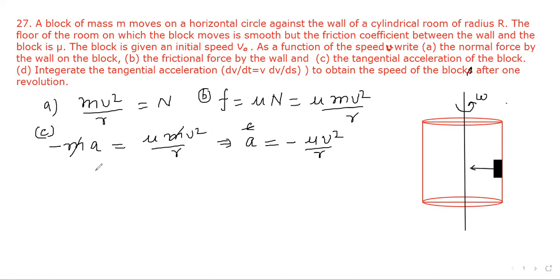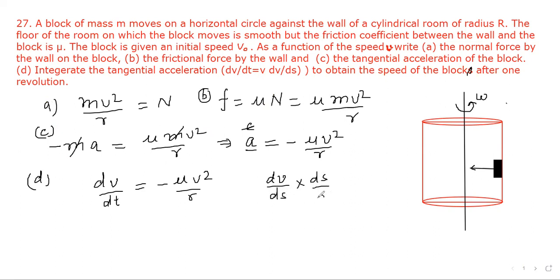And now let's consider the next part. For that purpose, we take this A as dv upon dt, which is minus mu times v square upon r. But in our question, dv upon dt is given as v times dv upon ds. And it is true, since dv upon ds into ds upon dt.